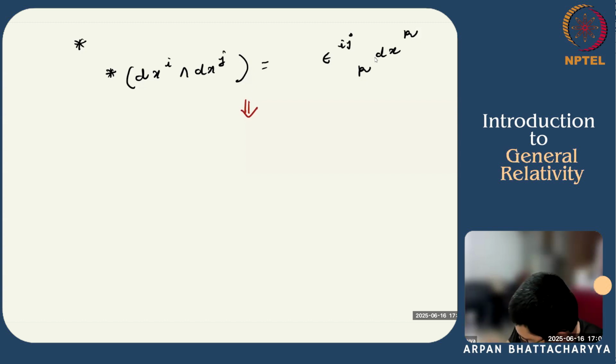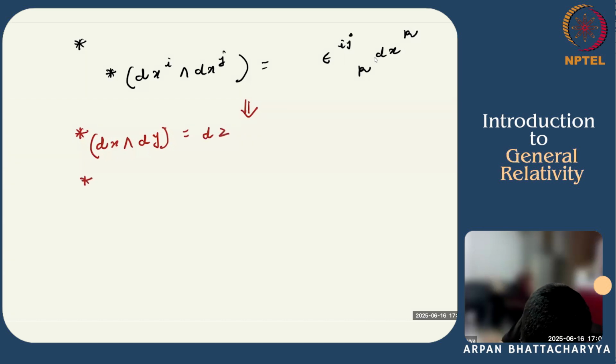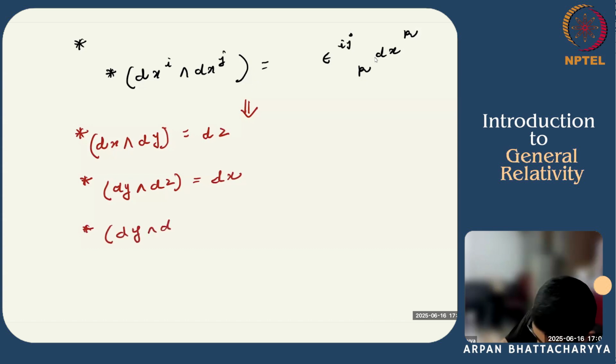Okay, the component form: star of dy wedge dz is dx, star of dz wedge dx is dy.